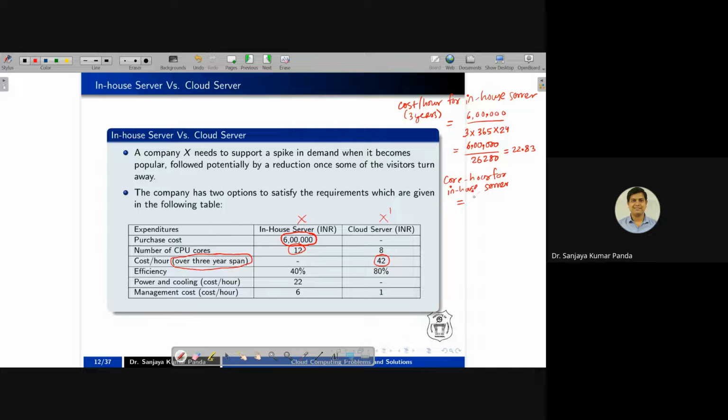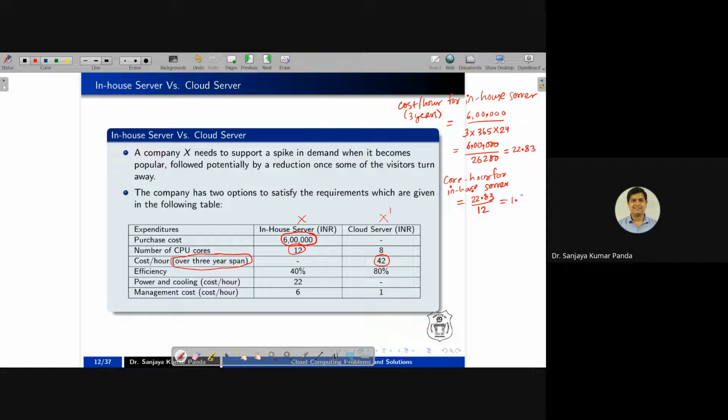What can we write? We can write 22.83 cost we are giving for the whole system. Suppose running your system requires 22.83 INR. But in your system, let's say you have 12 cores. So you have to divide if you want to calculate per core. So 22.83 divided by 12. How much will you get? I think you will get 1 point something.